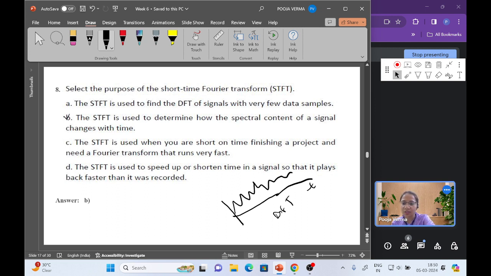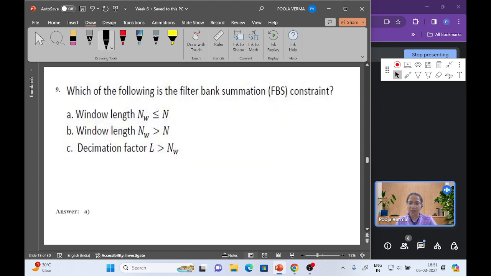So the correct option is B. Another option says the STFT is used when you are short on time finishing a project and need a Fourier transform that runs very fast. No. Another says the STFT is used to speed up or shorten time in a signal so that it plays back faster than it was recorded. This is not correct. So the correct option is B only. Moving to the next question.